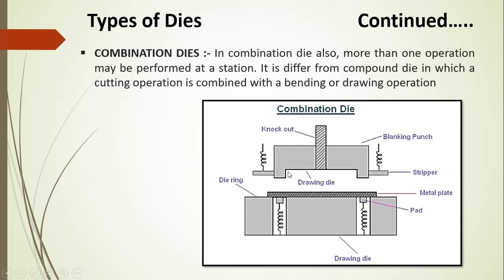That is, the forming operation, the drawing operation, will be performed. It will seem like an inverted pot, an inverted shape component, a drawn component. That means it differs from the compound die, because the cutting operation is combined with the bending and drawing operation.